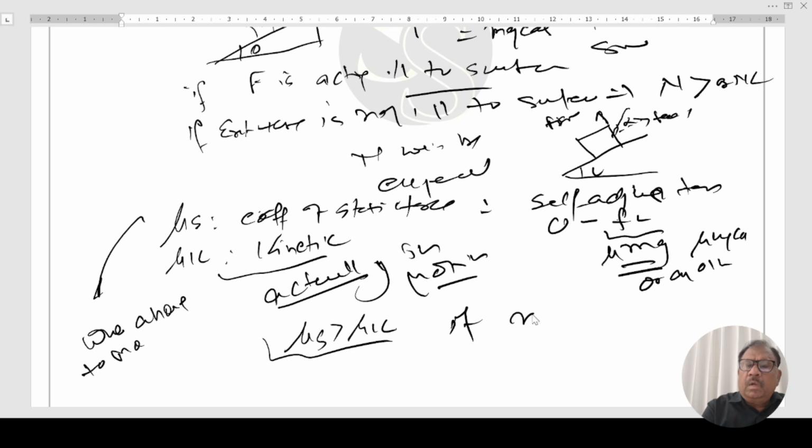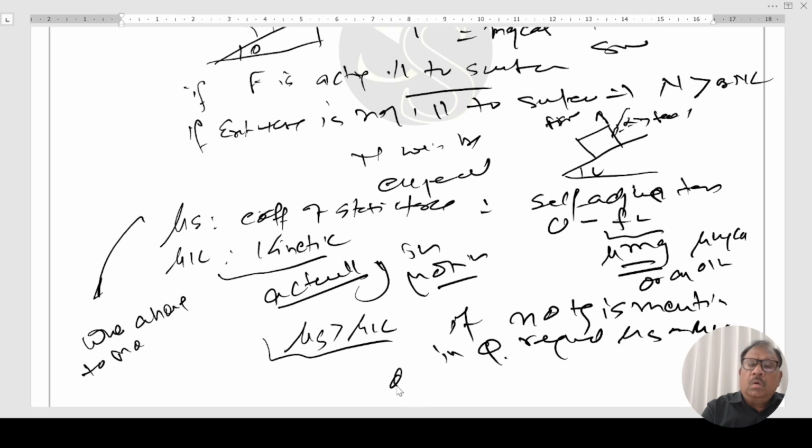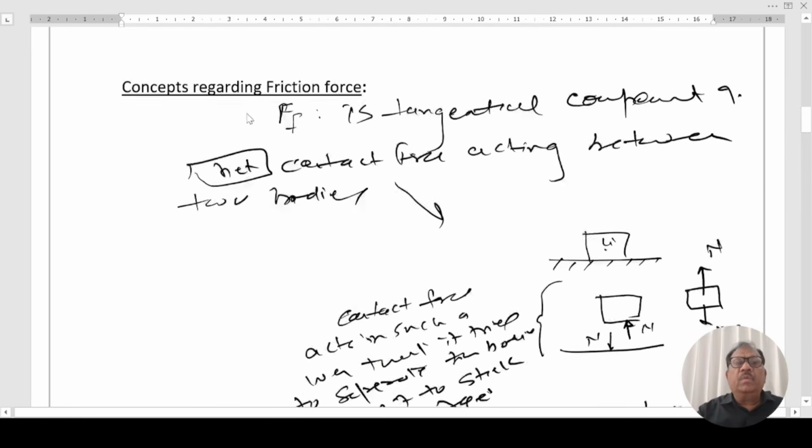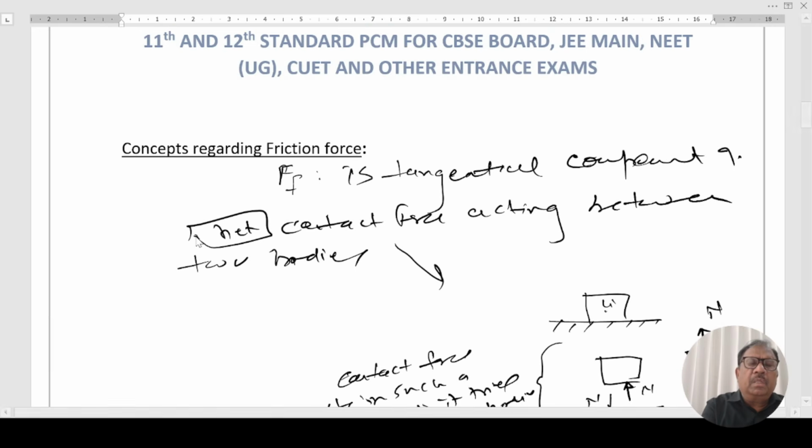If nothing is mentioned in the question regarding mu s or mu k, and only mu is given, then mu s is equal to mu k for practical purposes. So I have discussed the net contact force. Friction is the tangential component of the net contact force.